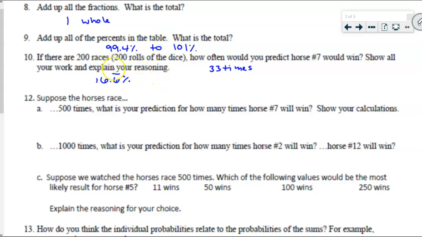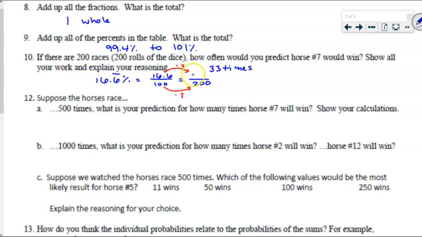So you're saying this is already a percent. 16.6% is 16.6 per 100. Let's use equivalent ratios. We're going to change that to a 200. So instead of 100, that's going to be 200. So we're using those equivalent ratios. We're just doubling it. And what is 16.6 times 33?